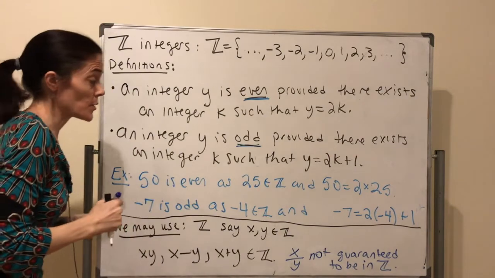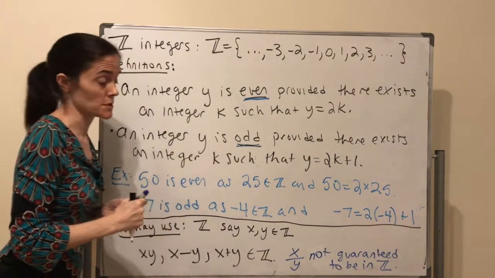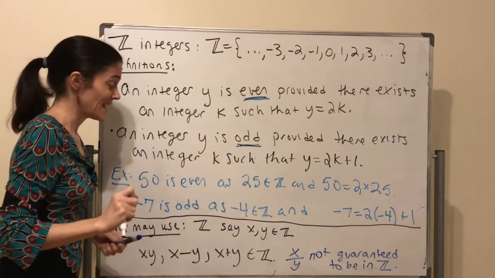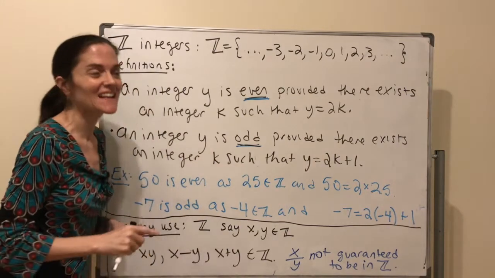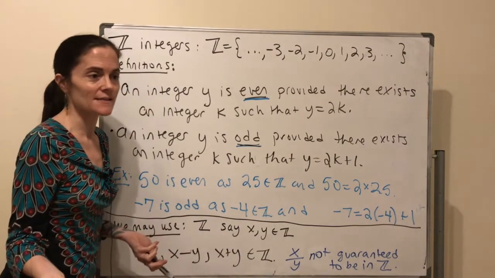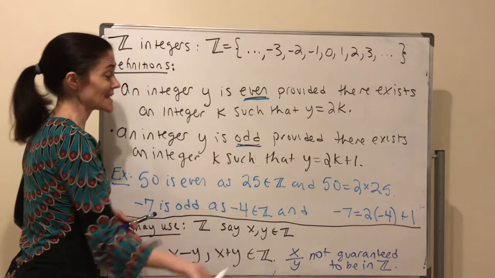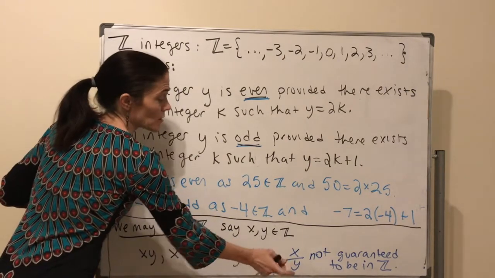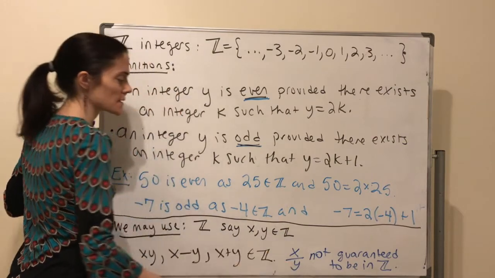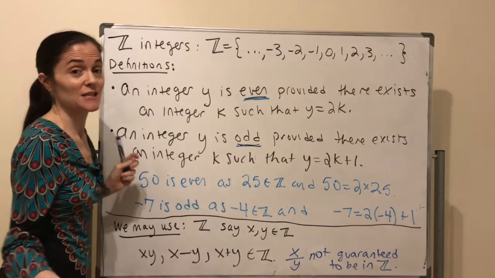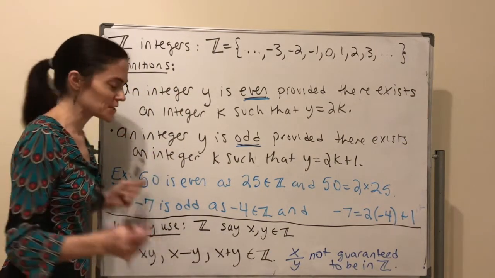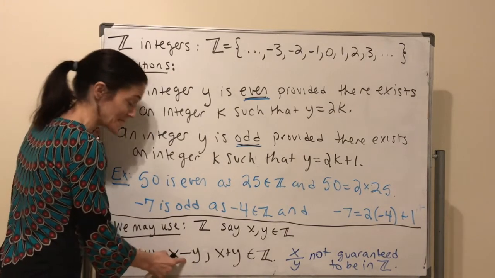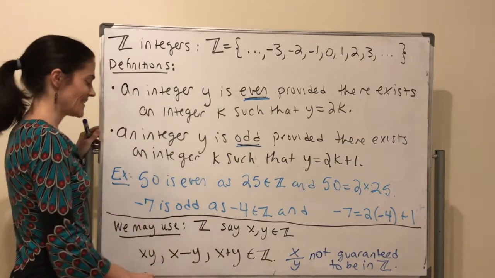If you wind up dividing two integers, first of all, y better not be 0. But say even you know that y is non-zero, you still can't conclude it's an integer. Take 1 and 2, 1/2, not an integer. This would be a rational number, provided y is non-zero, but that is not an operation that will land us back into the integers. We may multiply, we may subtract, we may add.